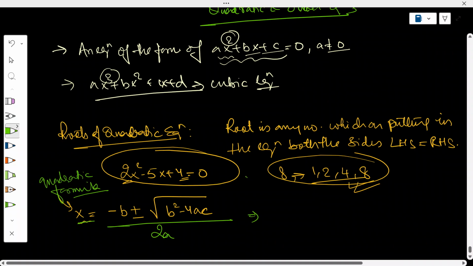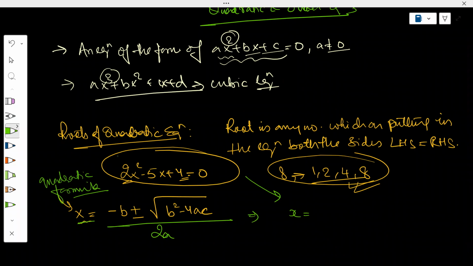For this equation, this is a, this is b, this is c. Minus b is minus minus 5, which is 5, plus minus under root b square. Whether b were 5 or minus 5, the square would be the same, that is 25, minus 4 times a and c.